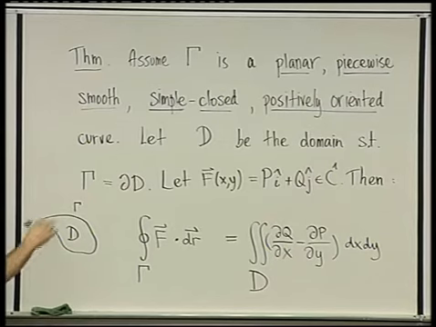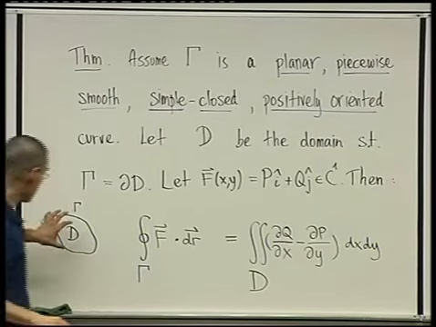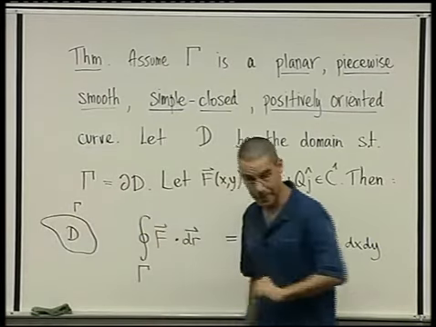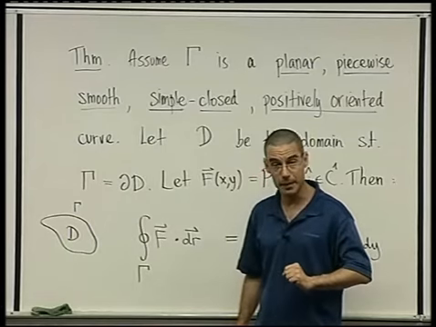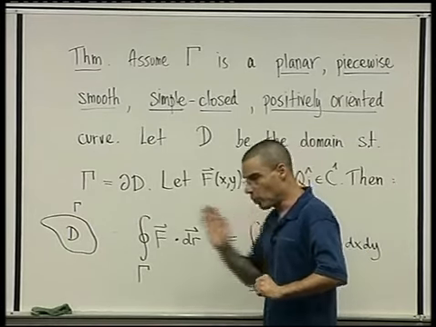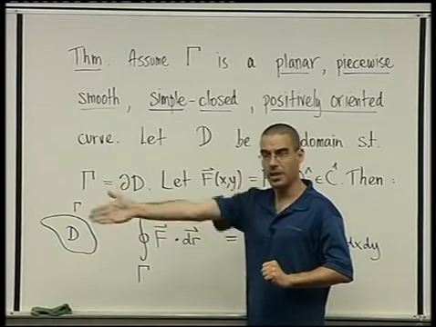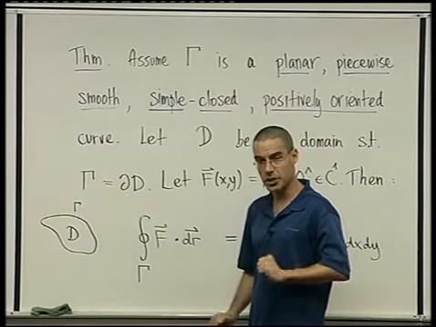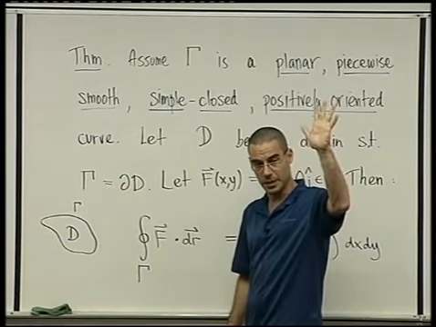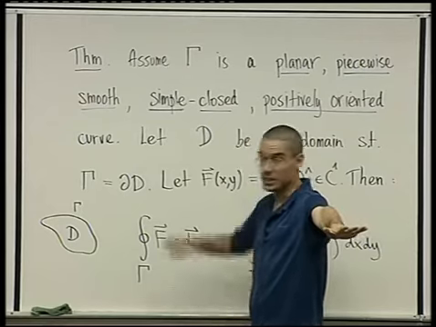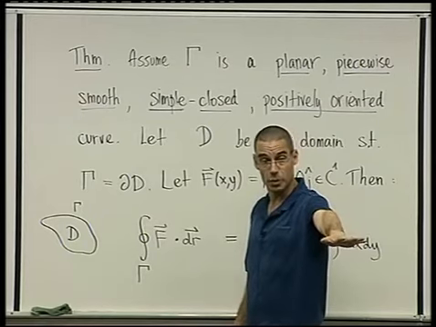So being positively oriented means that if I walk along gamma, I have to walk in the direction, that's the positive orientation, such that my left hand is in the direction of the domain.